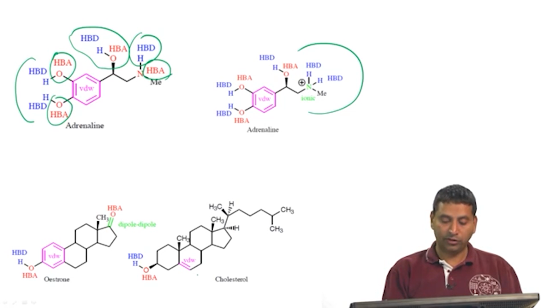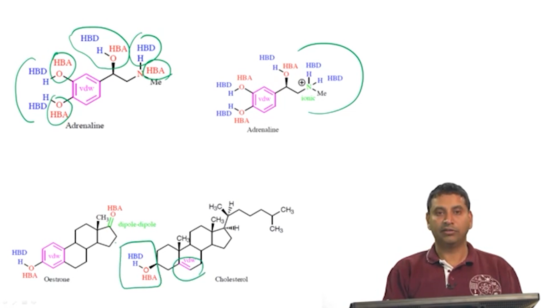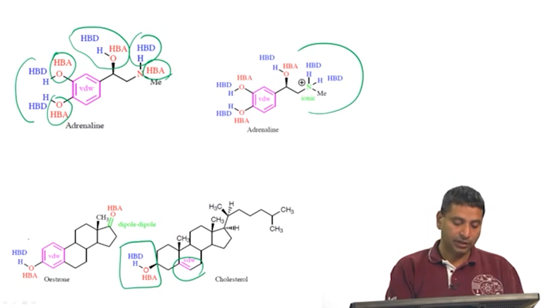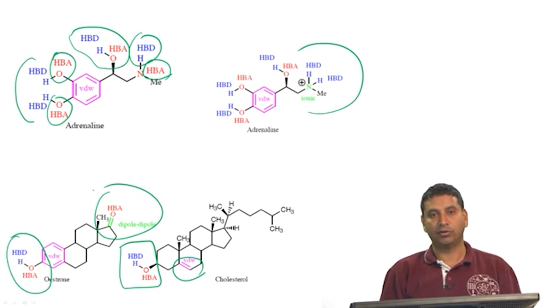In the case of cholesterol, there is some possibility of van der Waals interaction, and there is a hydrogen bond acceptor-donor pair over here. Similarly, in the case of estrone, it is going to be like this, and there is also a possibility of hydrogen bond acceptance and a dipole-dipole interaction.